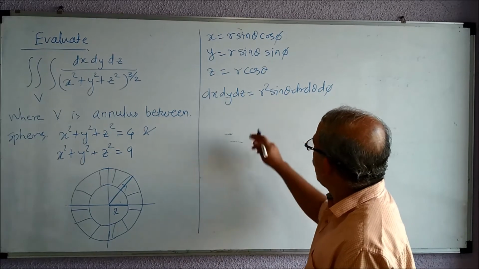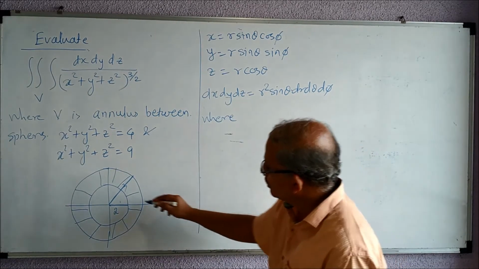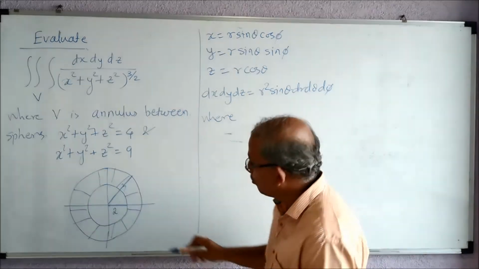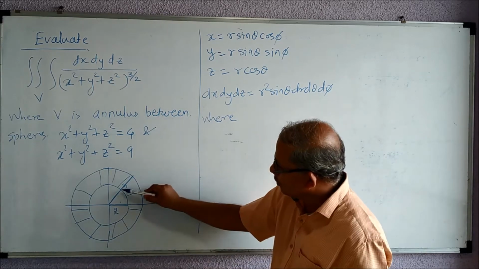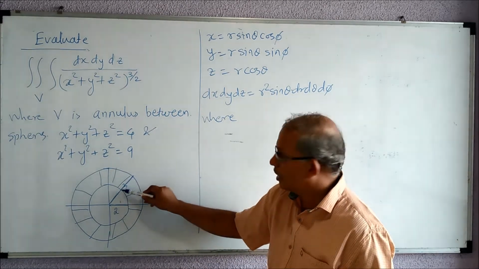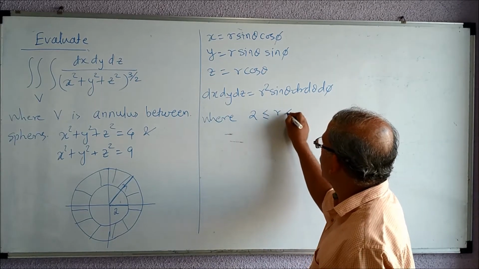Now how is my r varying? This is my r, but I am not interested in this much portion. What I am interested in is from this end to this end. So my r is varying from 2 to 3, so 2 less than equal r less than equal 3.